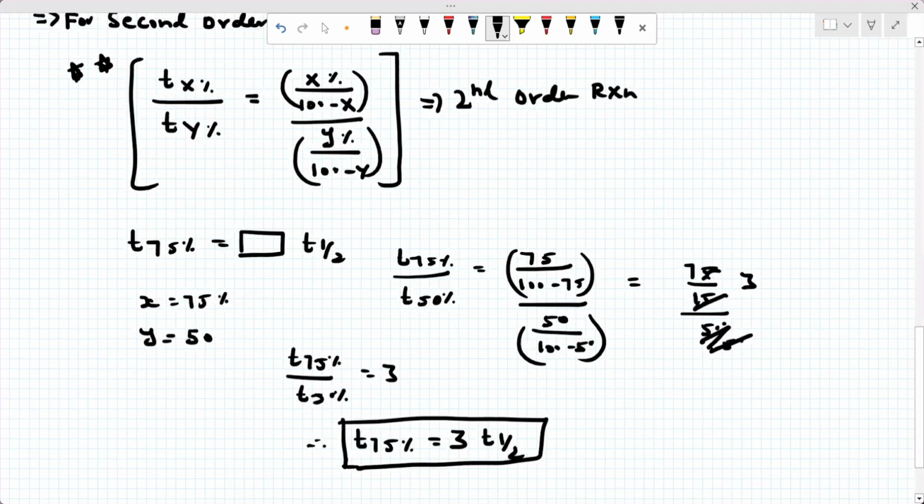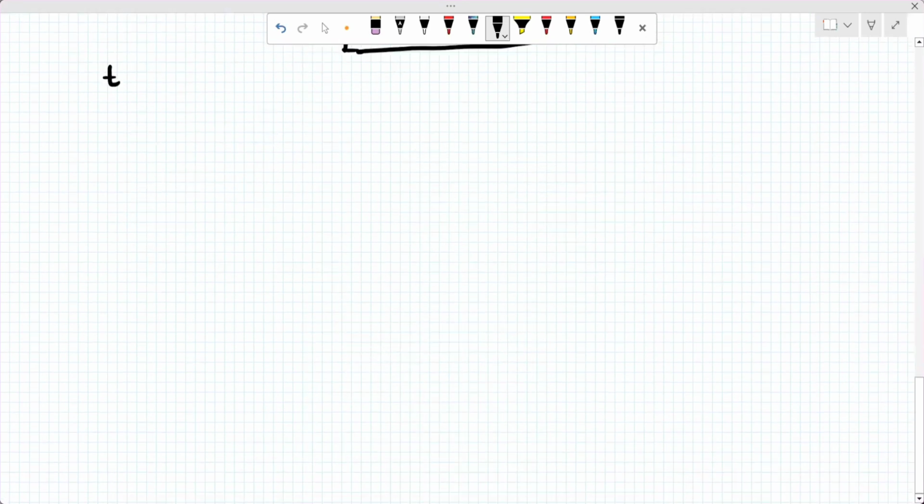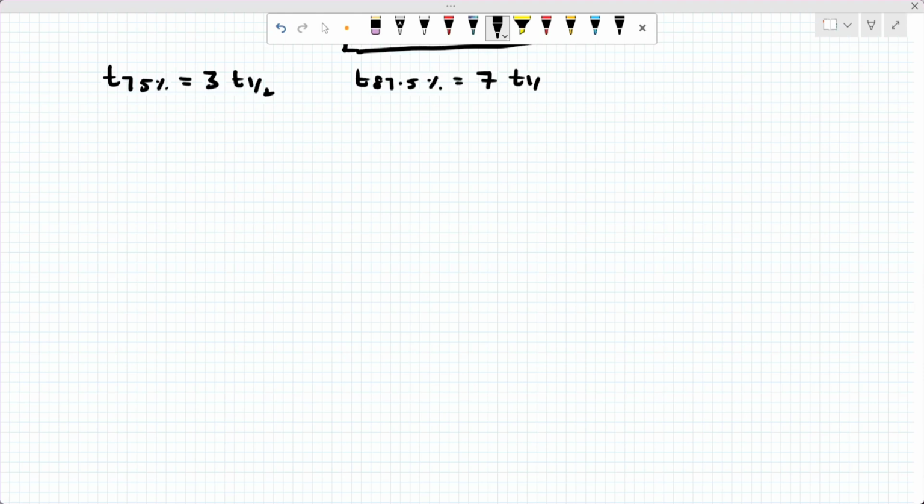Similarly, I will give the three values. Please note, these are previous questions' values. T 75% is equal to 3 times of T half. Similarly, T 87.5% is equal to 7 times of T half.